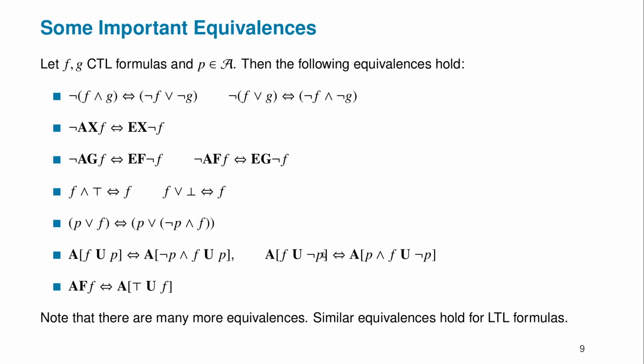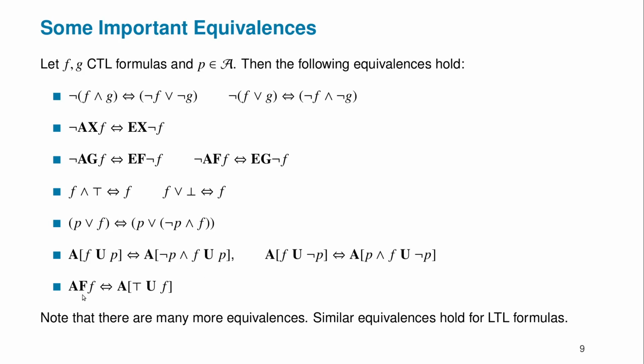So not P has to hold at some point, and before it F has to hold, and this is the same as P and (F until not P). Yeah? So at some point not P has to hold, but before this F has to hold, and also P has to hold, otherwise not P would hold and we would be done.